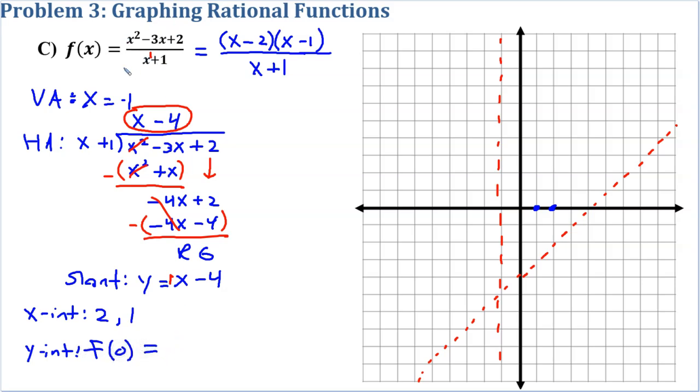Okay, plugging zeros in for my x's, I'd end up with a 2 over 1 here as well, so a 2.